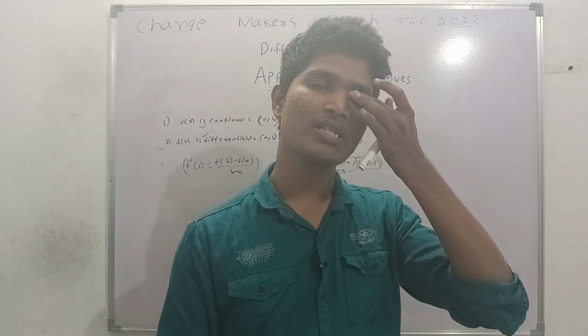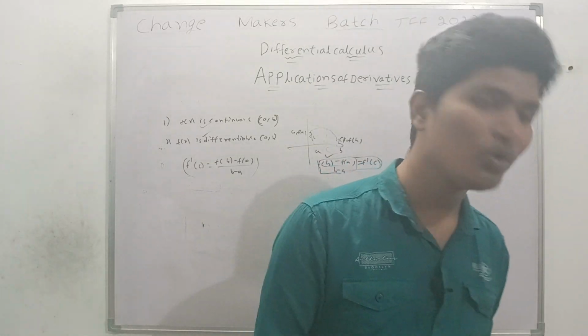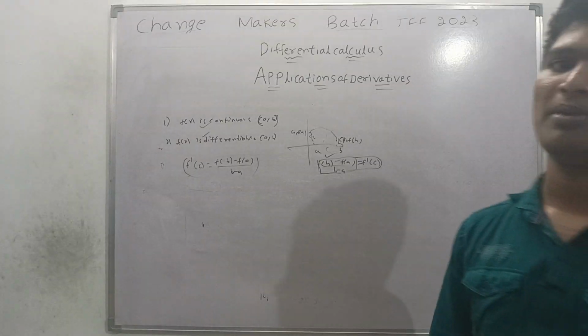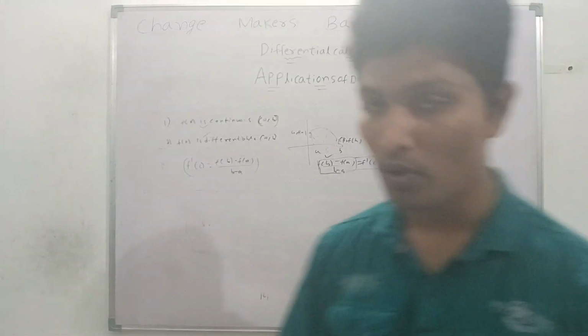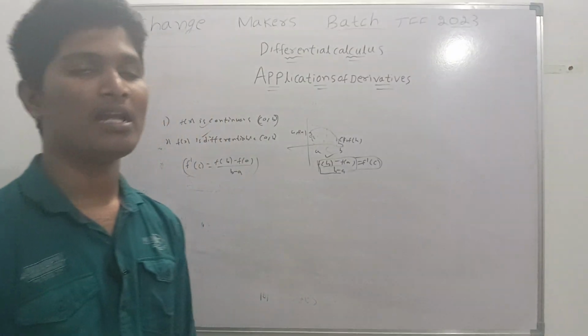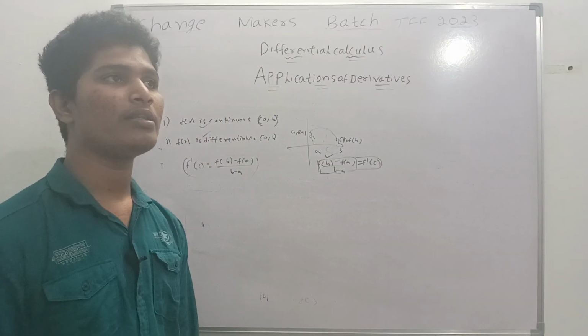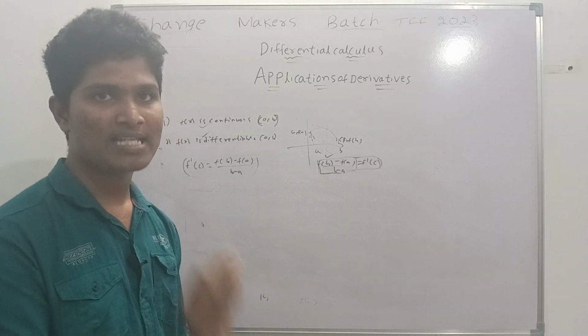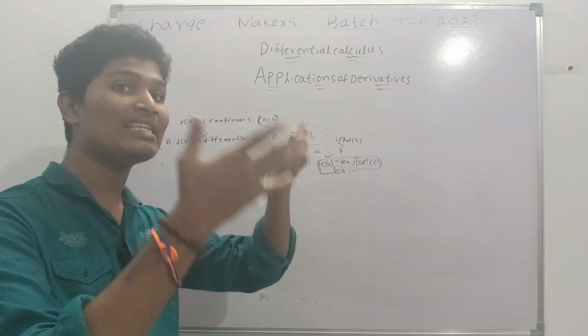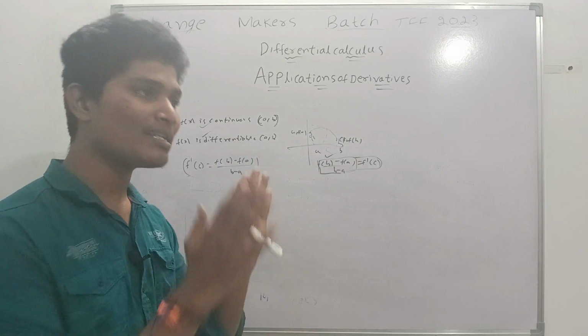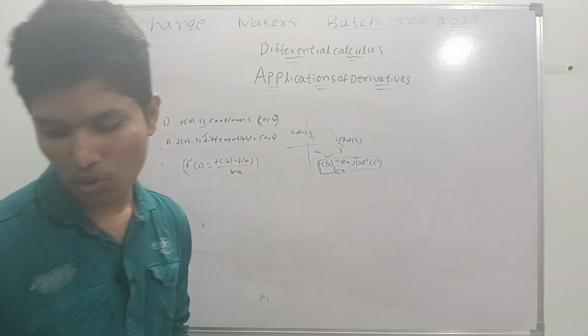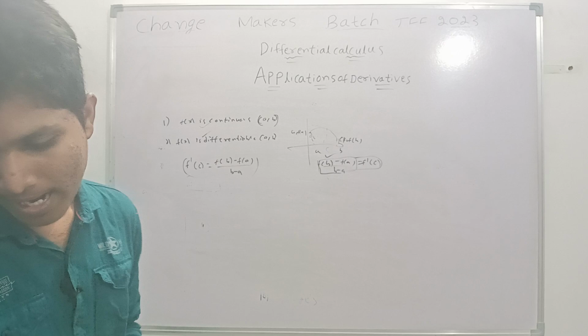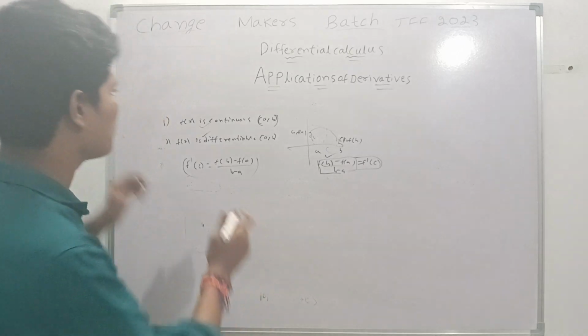It should exist at least one c value in between a and b, where f dash c equal to 0 in Rolle's theorem. But in Lagrange's mean value theorem, there will be at least one point where f dash c equal to f of b minus f of a divided by b minus a. Basically, it is a slope. We are saying the slope is equal to slope. It is true. And now let's discuss the curvature and inflection point.